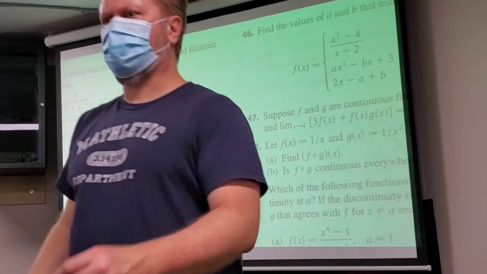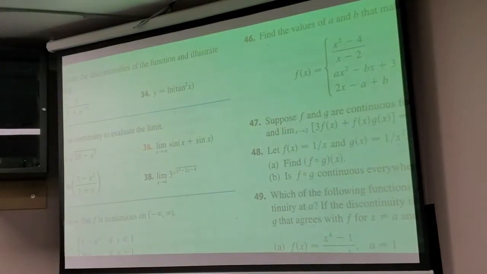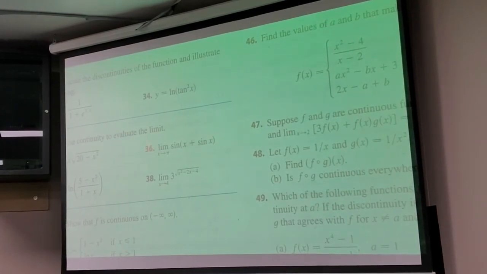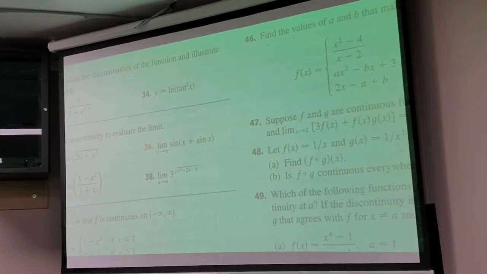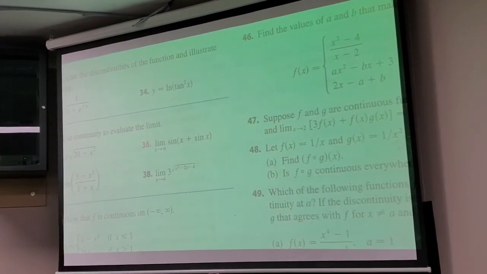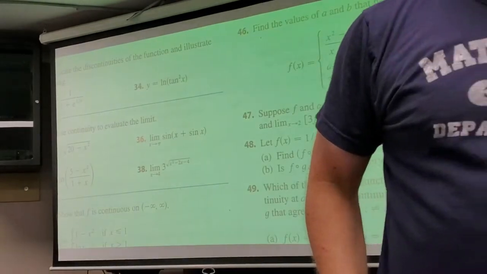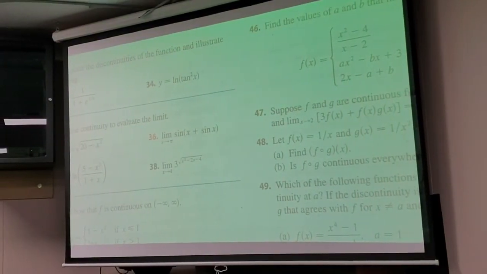Yes? I had a question for 1G on this. I thought that it was continuous because there's a point here and a point here, and the continuity theory that we talked about, it has to pass through an x. That doesn't explain what the function itself is.